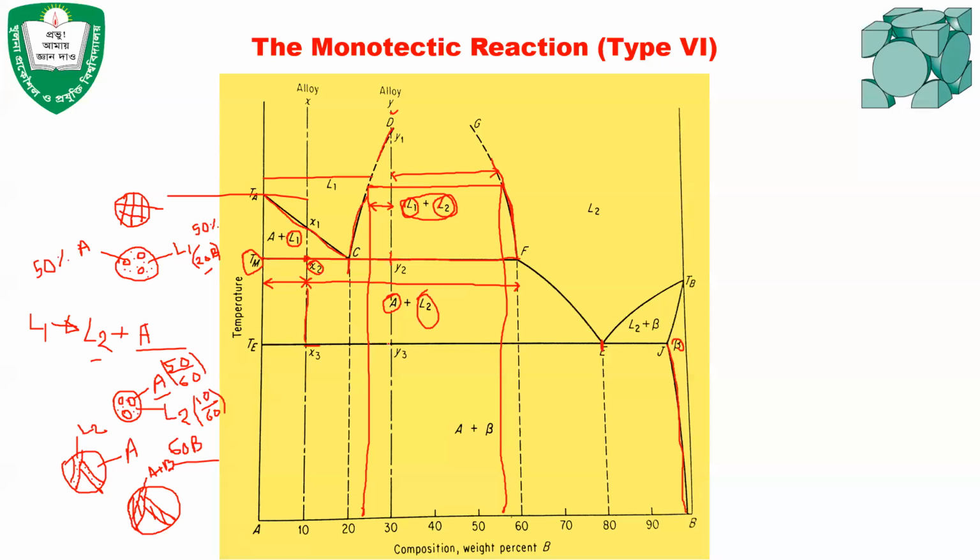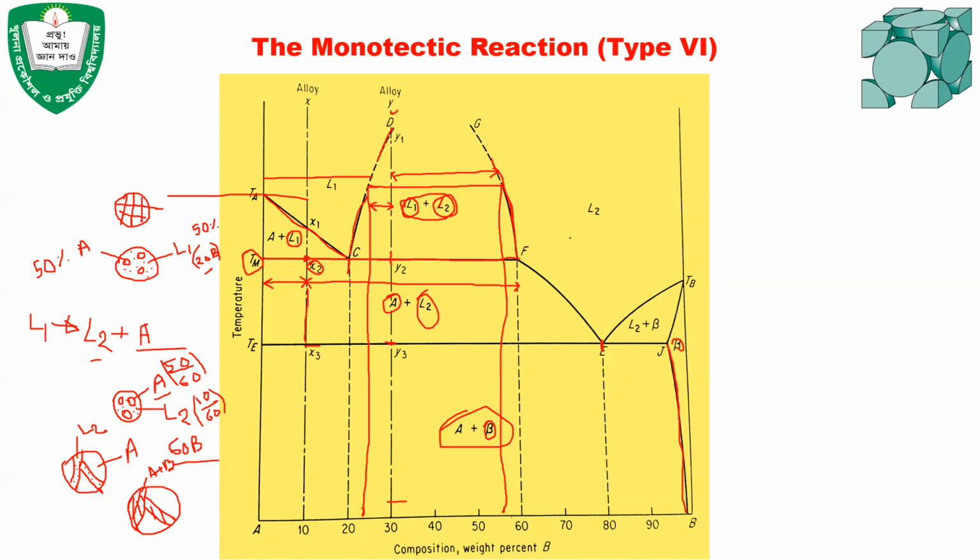And once the temperature comes to the eutectic temperature, then liquid 2 will be converted into the mixture of A and beta. So at room temperature, there will be grains of solid A, along with the grains of eutectic mixture, eutectic mixture A and beta, and that will remain up to the room temperature.